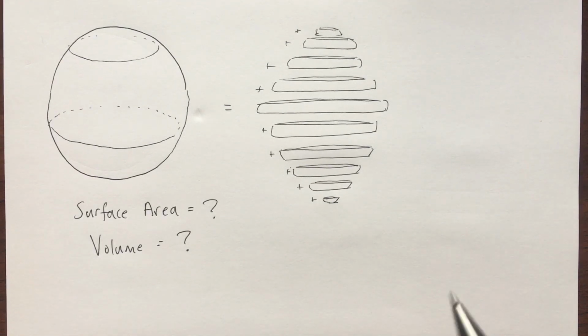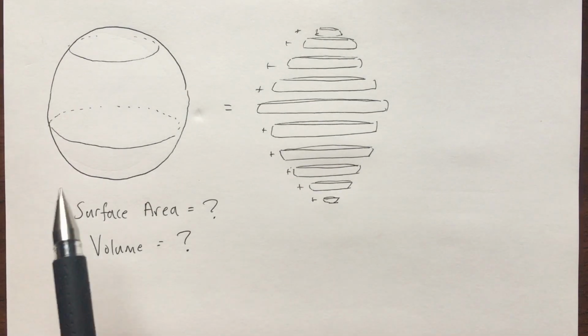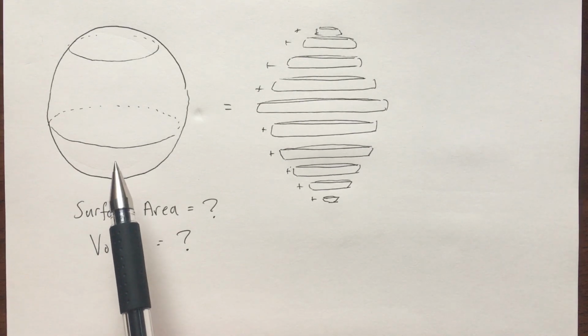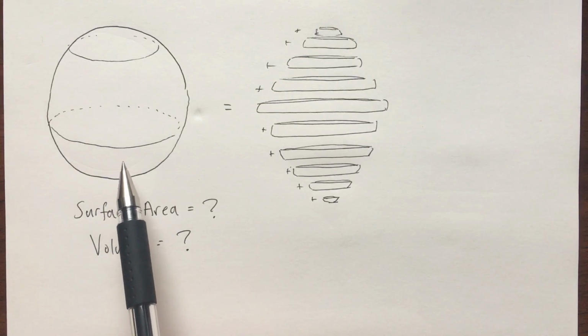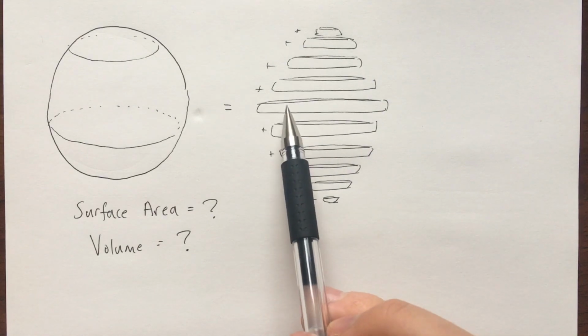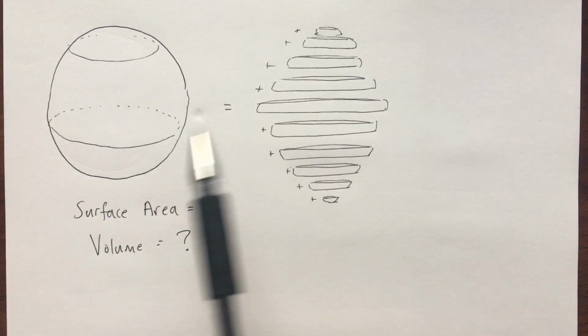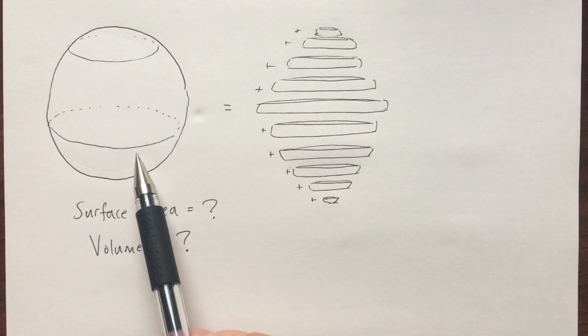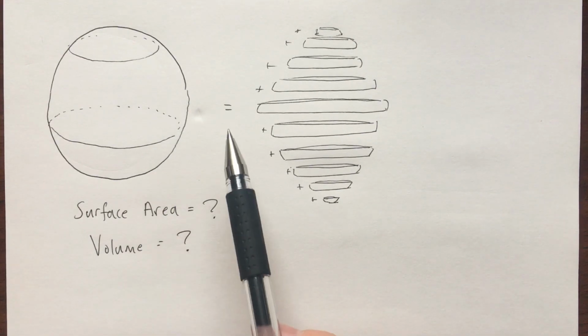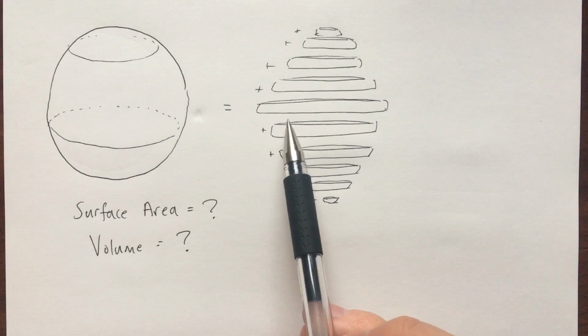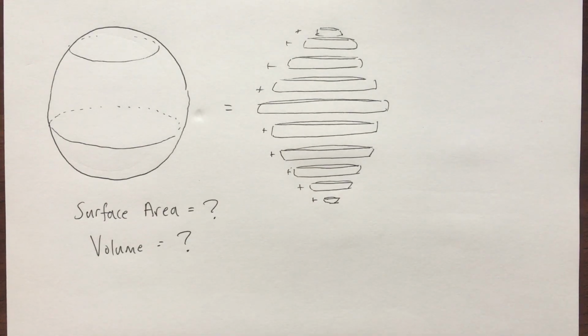So we can sort of imagine that the surface area of this sphere would be the same as summing up the surface area of these little rings, and that the volume of this sphere will be the same as summing up the volume of these disks.